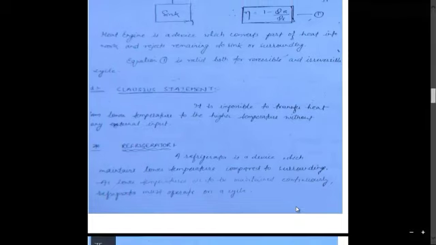The Clausius statement simply says that it is impossible to construct a device which will operate in a cycle and produce no effect other than transfer of heat from lower temperature to higher temperature.